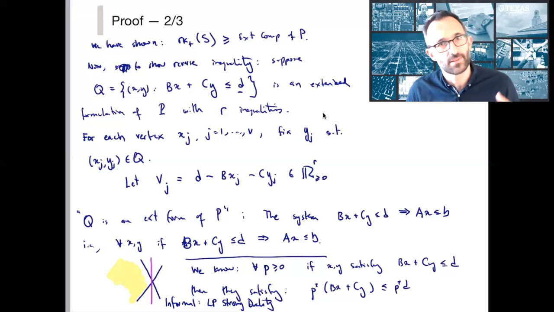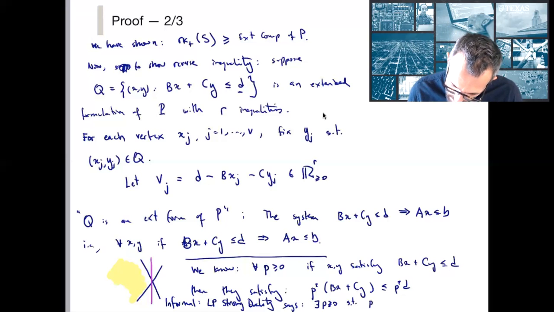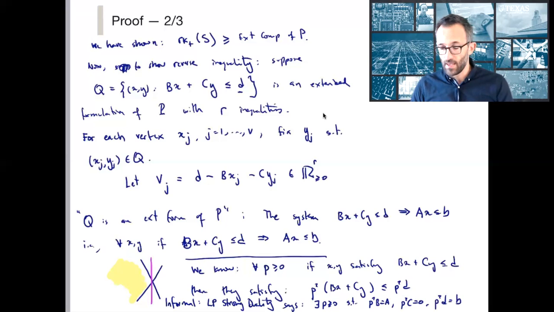Or sometimes this is called Farkas lemma, but this is the intuition, and it says that there exists a non-negative P such that P transpose B is equal to A, P transpose C is equal to 0, P transpose D is equal to B.